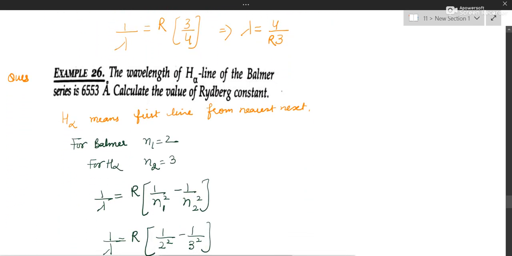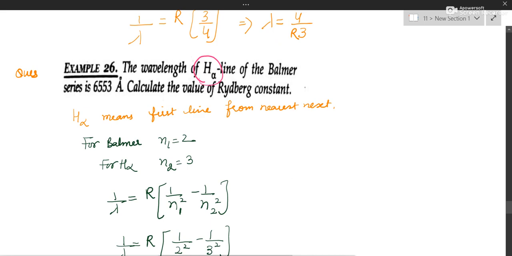See, this question is important. The wavelength of the hydrogen alpha line. You should know what the alpha line is. The first line of the transition is known as hydrogen alpha, the second line is beta, then gamma, and so on. But we'll usually deal with alpha, beta, and gamma. For the Balmer series, N1 is 2; Lyman is 1, Balmer is 2, N1 is fixed.